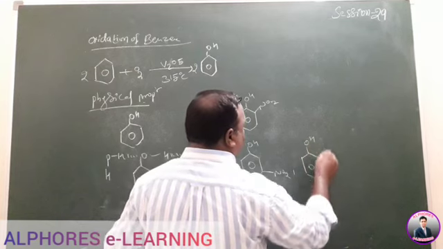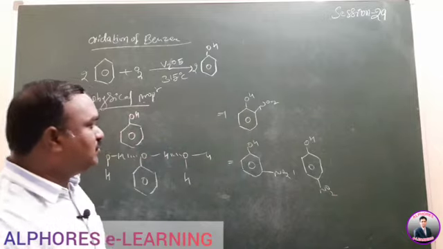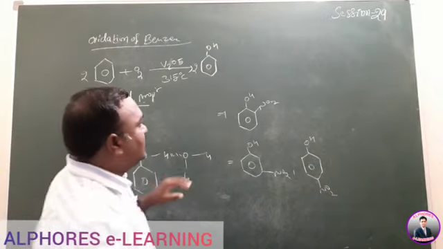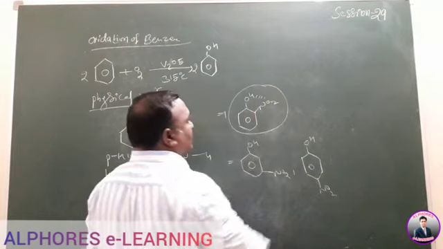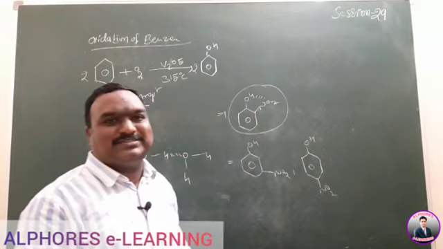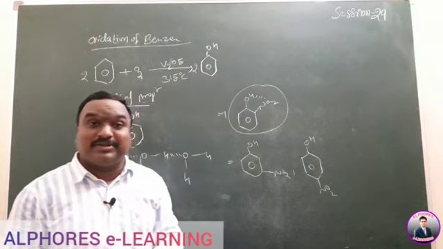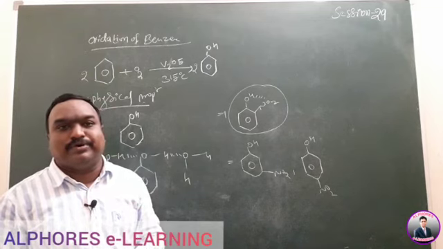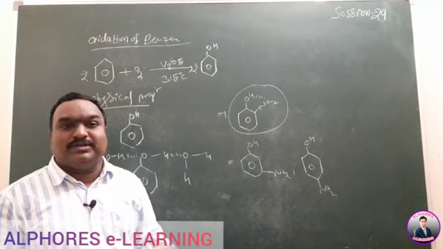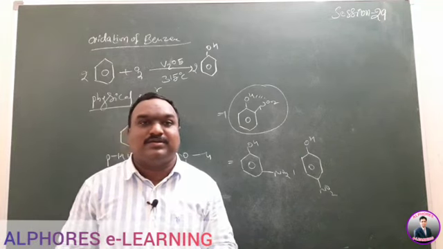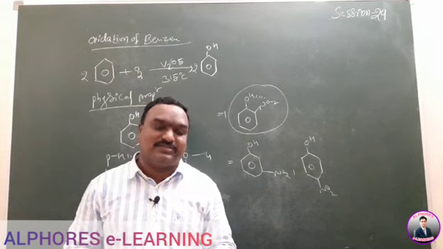How to compare the boiling points, melting points and other things: remember, due to the presence of intramolecular hydrogen bonding, the ortho compound has lower melting and boiling points but more volatile nature. Due to the presence of intermolecular hydrogen bonding, meta and para compounds have greater melting and boiling points, and volatile nature is less.